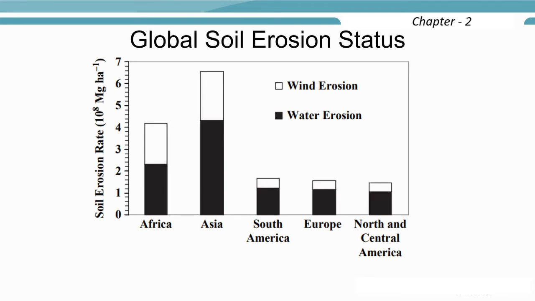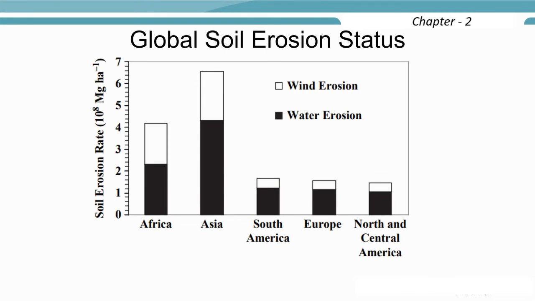Global soil erosion status. Now let us have a look at water erosion and wind erosion proportions here. In Africa, you can see that water erosion and wind erosion contribute equally to erosion of soil. In Asia, majority of erosion is caused by water, and still we can see that significant soil is also lost by wind.